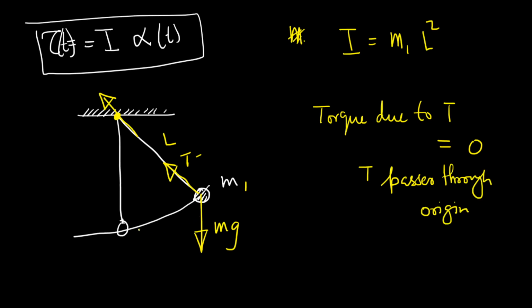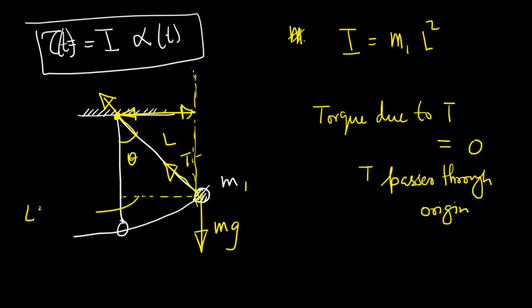And what does mg contribute? I think you will readily agree that mg, the force, into this perpendicular distance is going to be the torque. So this is the perpendicular distance we are looking for, which is L sine theta.